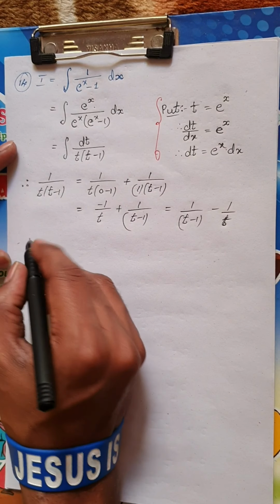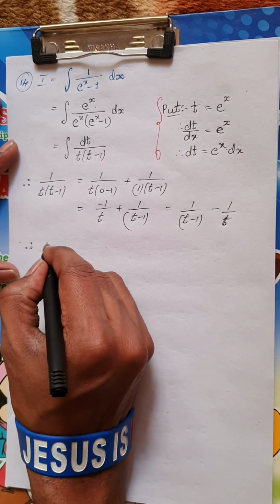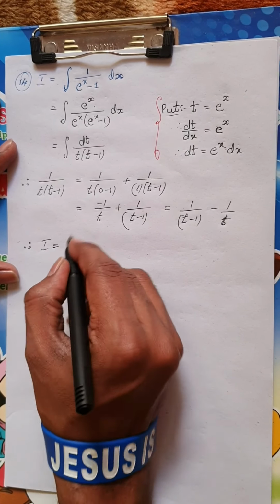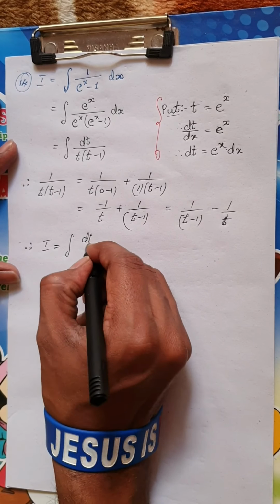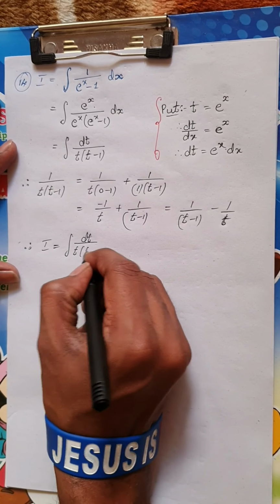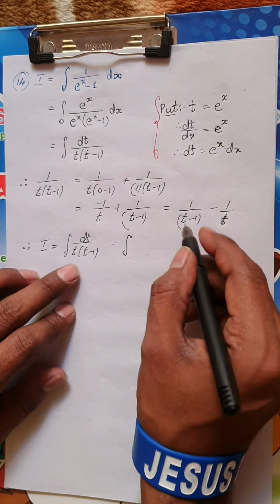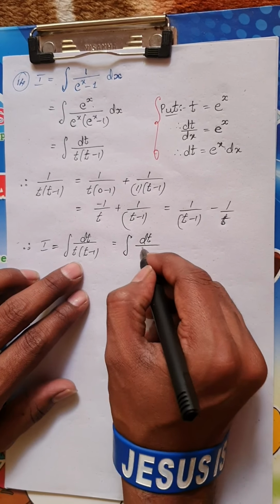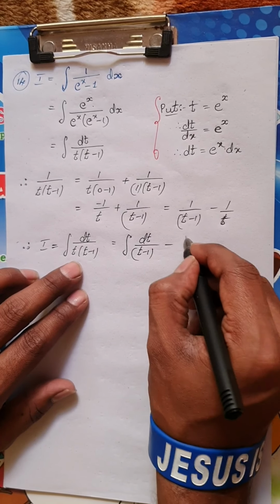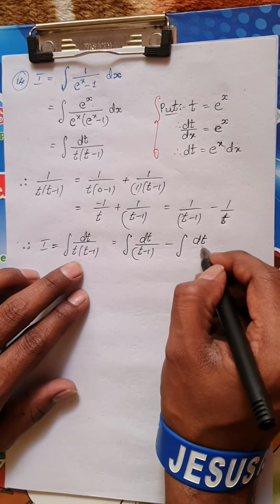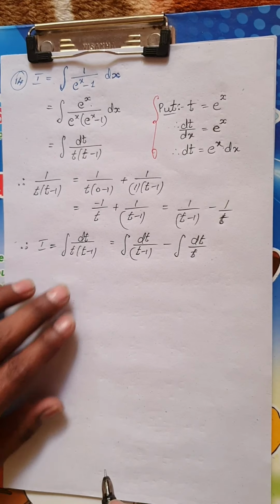Therefore I is nothing but integral of, actually we had dt divided by t into t minus 1. This is nothing but, let me split the integral. This is dt divided by t minus 1 minus integral of dt divided by t, right?